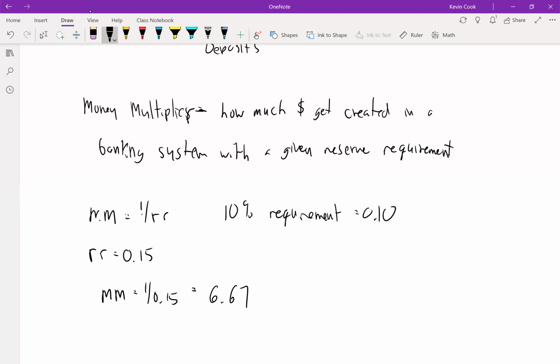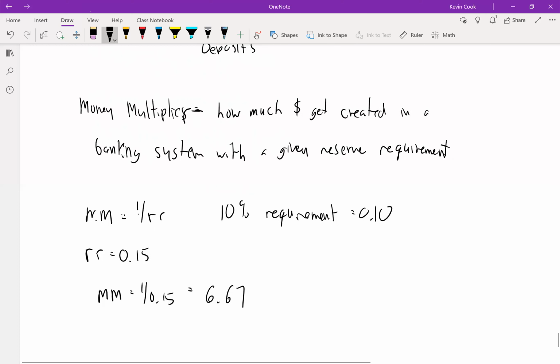So what this means is, if I have $100 and I put it into a banking system that has this 15% reserve requirement, that $100 is going to turn into $667 of money. So that's what we're looking at here and how that works.